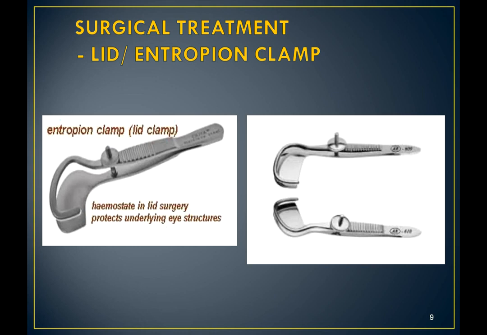First, we should know the instruments used in the treatment of senile entropion. This is the entropion clamp or lid clamp. Remember this picture of the instrument. This will be shown to you in OSPE as well. On the right side of the picture, you are seeing two of the instruments, that is lid retractors.